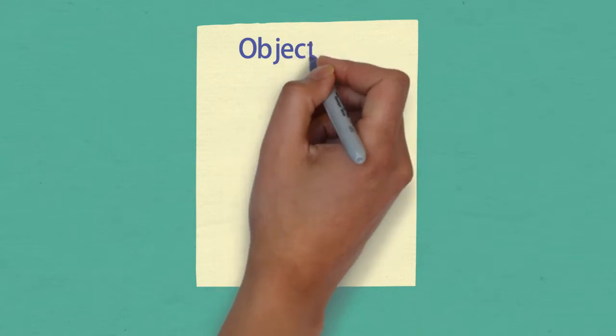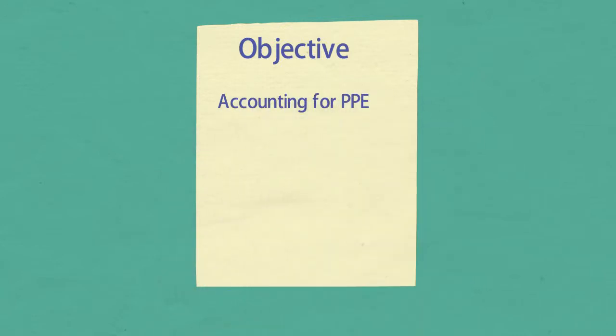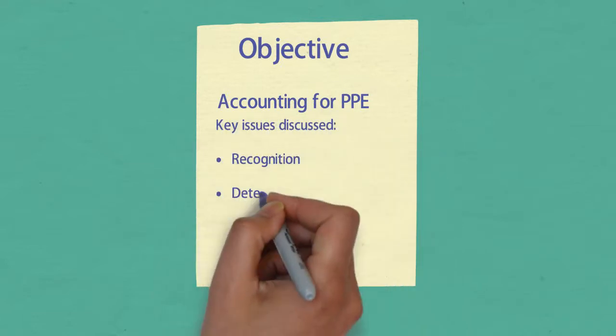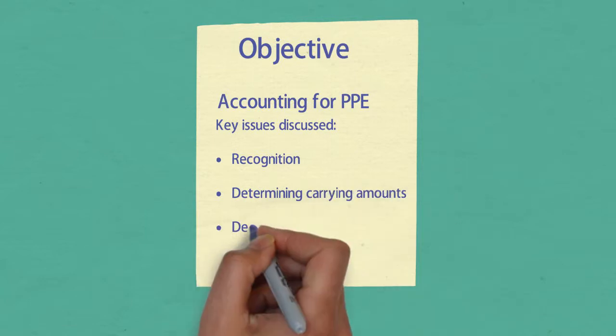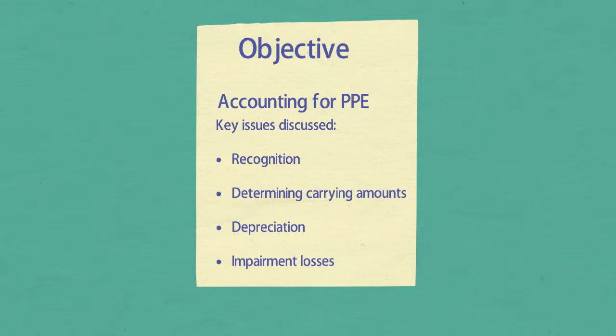The objective of Ind AS 16 is to prescribe accounting treatment for property, plant and equipment, that is PPE. Key issues in accounting for PPE are recognition of an asset, determination of carrying amount, depreciation charge, and impairment losses to be recognized.